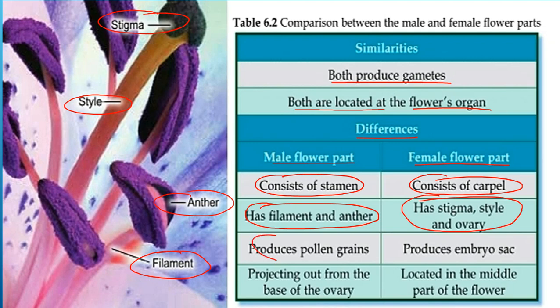Male produces pollen grains, female produces the embryo sac. Male is projecting out from the base of the ovary, and female is located in the middle part of the flower.